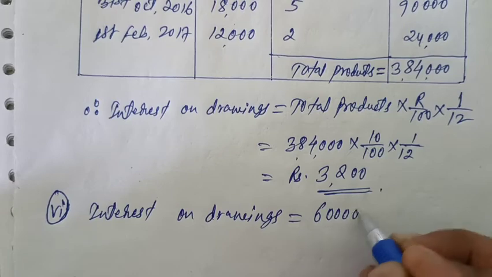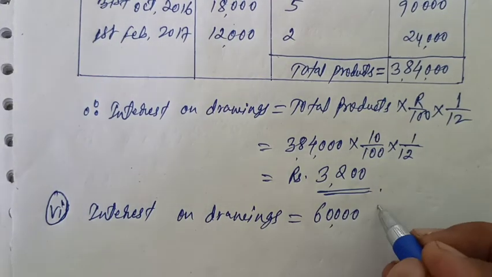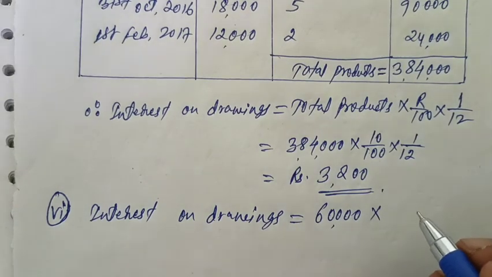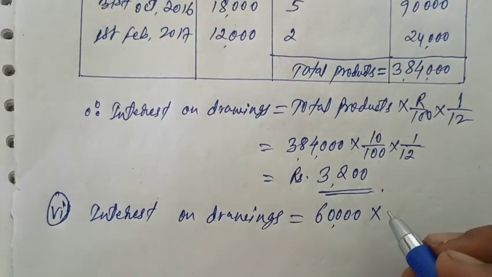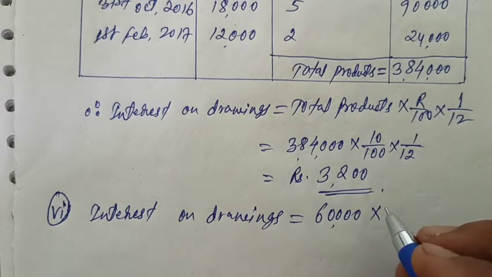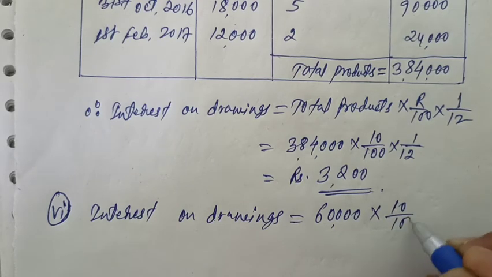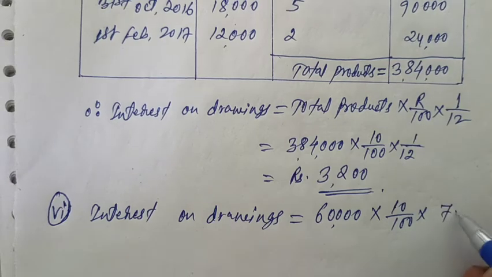Here each quarter means 15,000, that means in a year there is 4 quarter, 15 into 4 60,000. I have written directly, okay, 15,000 into 4, in each quarter it will be 3 months, that means in a year there will be 4 quarter, that is why 15,000 into 4 60,000 into, now we will write rate, how much, 10%. Okay, is it okay?